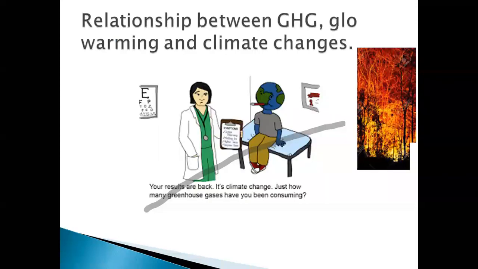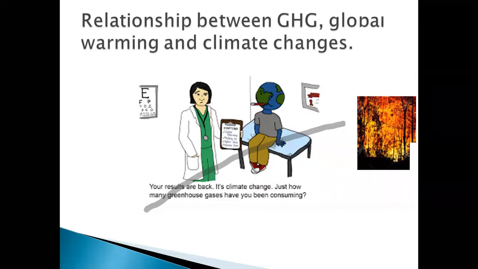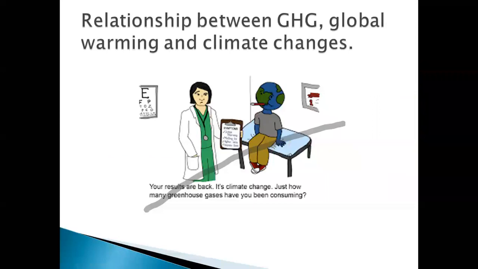Okay, so now the relationship, is there any relationship between GHG, global warming and climate change or not? Yes. Okay, if you remember, what is the relationship between GHG and global warming? Just the first two, GHG and global warming.